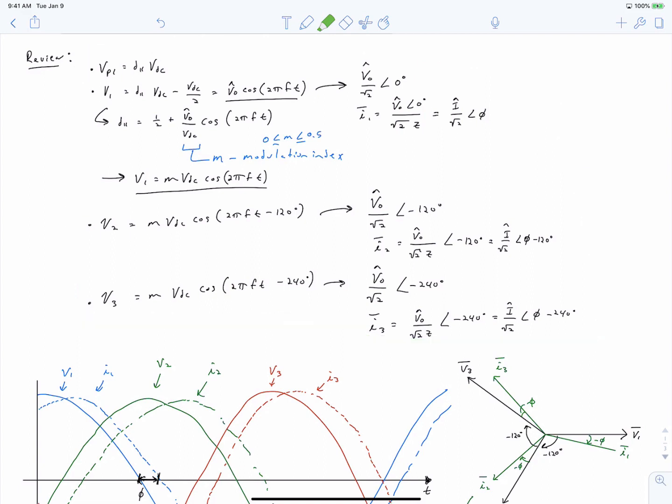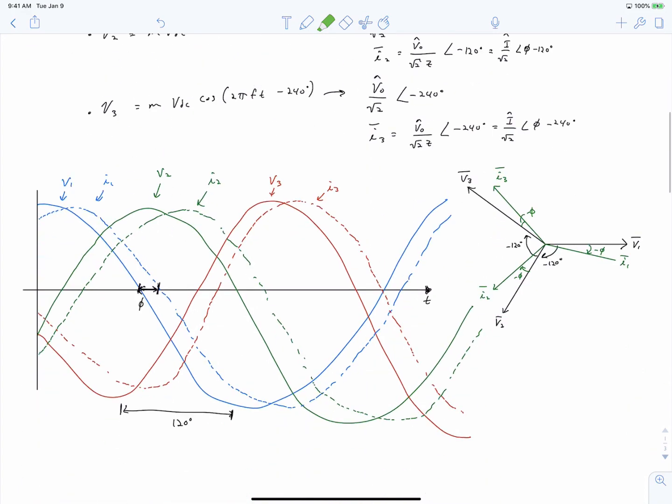And the strategy that we're using for pulse width modulation, where we have a duty ratio that is 1/2 plus a cosine, is termed sine modulation. For 3-phase inverters, there's another very popular, if not more popular, modulation approach that's referred to as space vector pulse width modulation. And if you're interested in that, you can take some of our advanced power electronics courses, as this will be covered in detail.